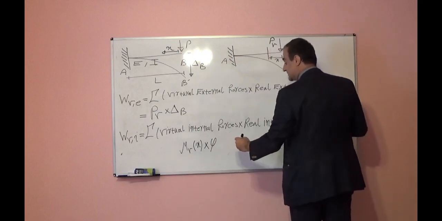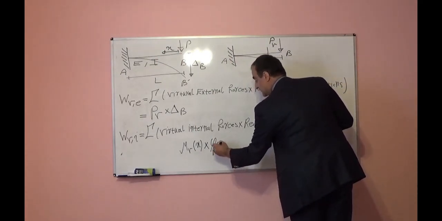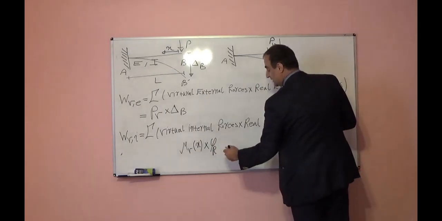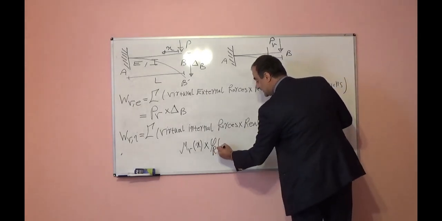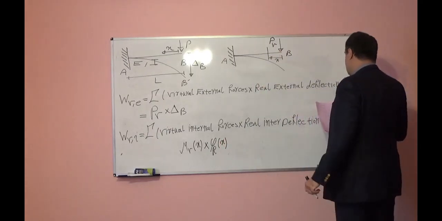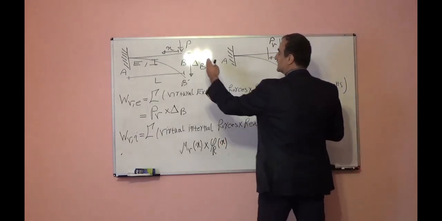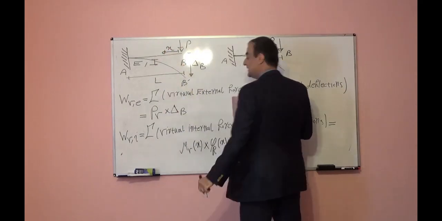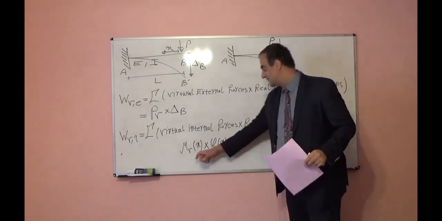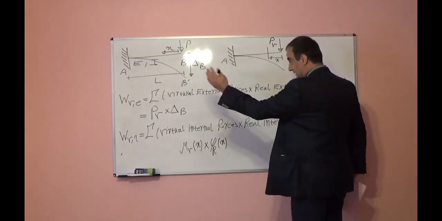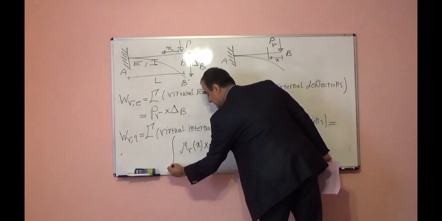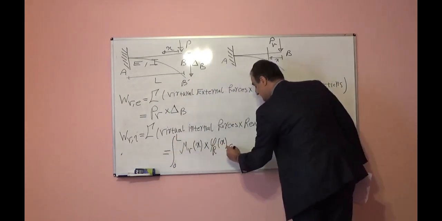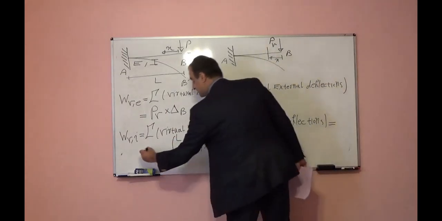I show that curvature with phi, real curvature, phi R for real, because in any section, the section distance is x from the free end, we have different mv and phi. For the entire beam, this will be integration from 0 to L dx.